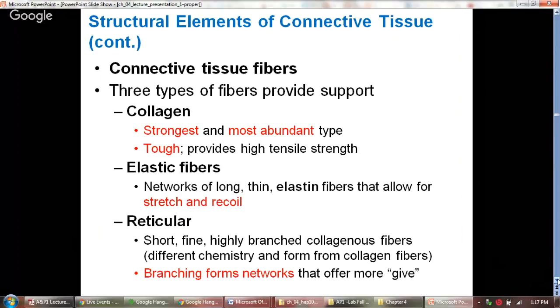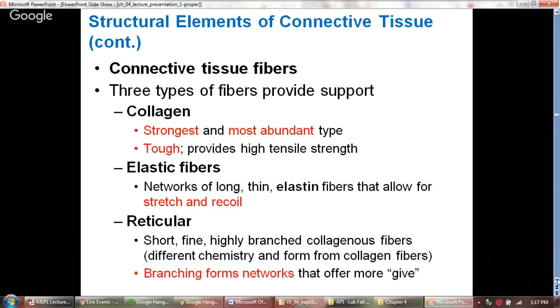Then the connective tissue fibers. You have to remember there are three types of fibers that provide support for the connective tissue: collagen, elastic, and reticular. Collagen fibers are the strongest and most abundant type. They are tough and provide high tensile strength for the connective tissues.